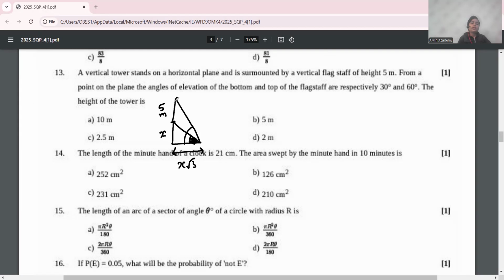Now, using this complete big triangle, we have 5 plus x upon x root 3 is equal to root 3 or tan 60 degree as the angle of elevation is given. I cross multiply this, this becomes 3x, this x gets subtracted to the other side, it becomes 2x. So 2x is 5 and x is 2.5 meters. Height of the tower is 2.5. Option number C. Going to the next question.